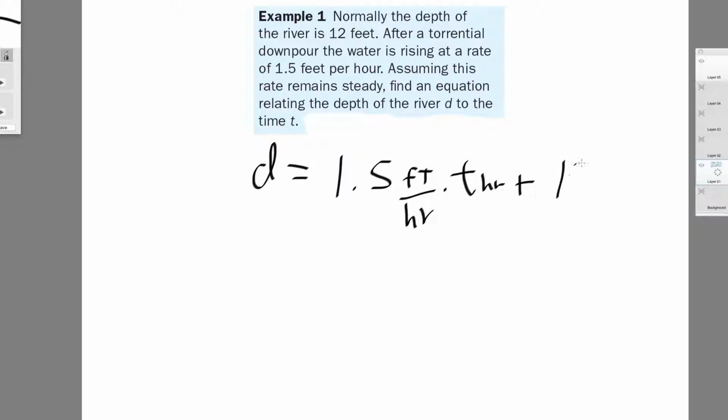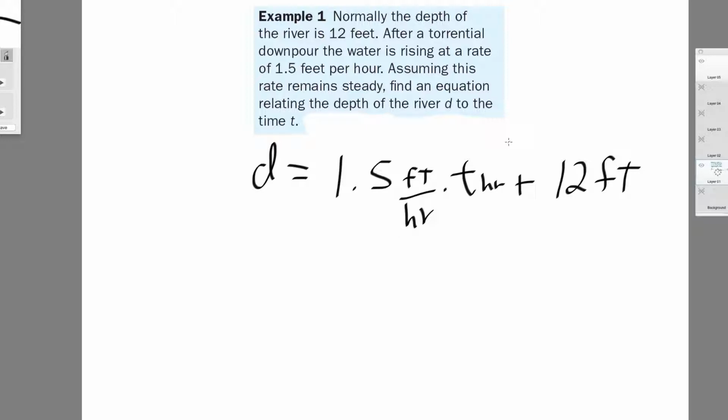That's the normal depth. And so we've got our equation that relates these two populations. We've written this now in slope-intercept form, and we're good to go.